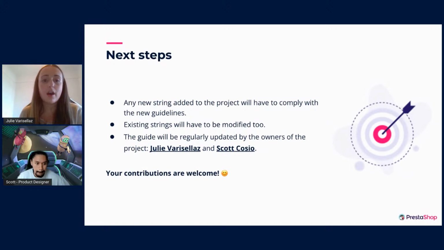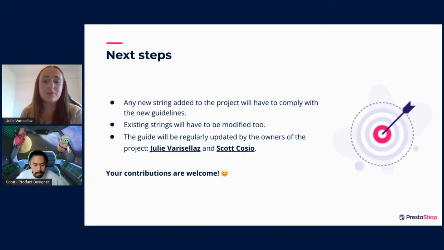So if you feel like the wording is not clear enough, or if you think it could be improved, feel free to open an issue and a pull request on the PrestaShop repository so that we can improve the existing wordings. I also want to say that this guide is just a first version.